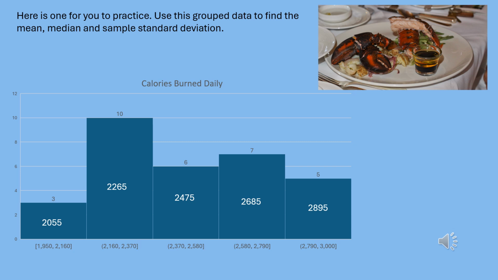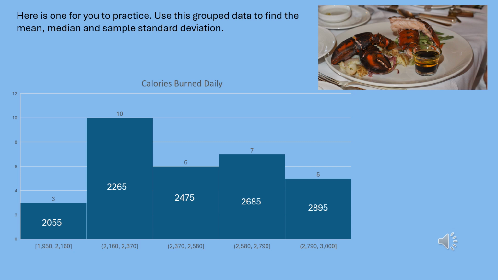So 6 values in the third category will be considered that value. And then there were 7 values in the fourth category, and if you average 2,580 with 2,790, you get 2,685. And then the last category had 5 values in it, and if you average 2,790 with 3,000, you get 2,895.